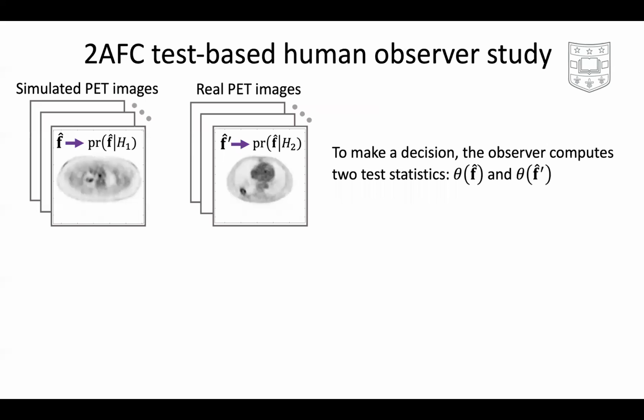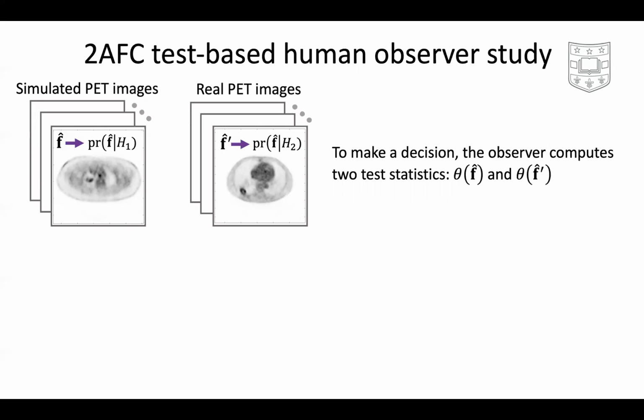In these 2AFC tests, a trained human observer is presented a pair of simulated and real images side by side at a time. The observer is then asked to select the image that they think is the real PET image. The observer implicitly computes two test statistics, namely theta f hat and theta f hat prime, and assigns the image that has the higher test statistic to H2.